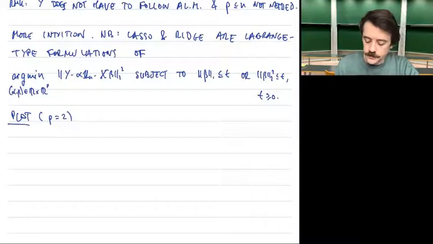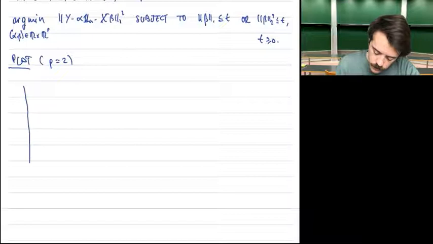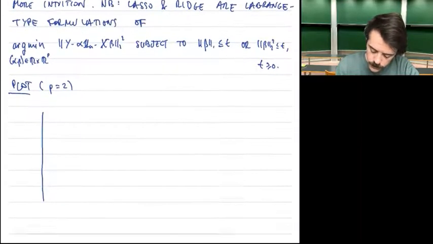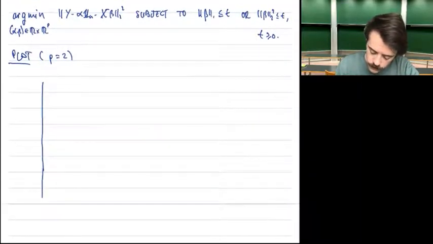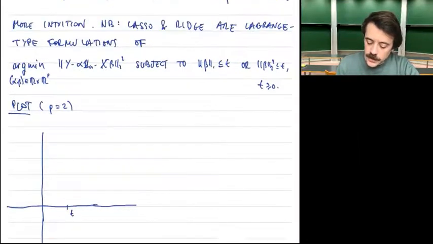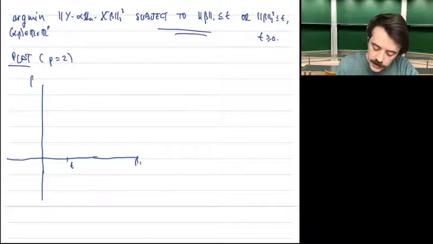Okay, for a given t, let's start with lasso. Well, what is the condition? And this is the beta 1 axis and beta 2 axis.